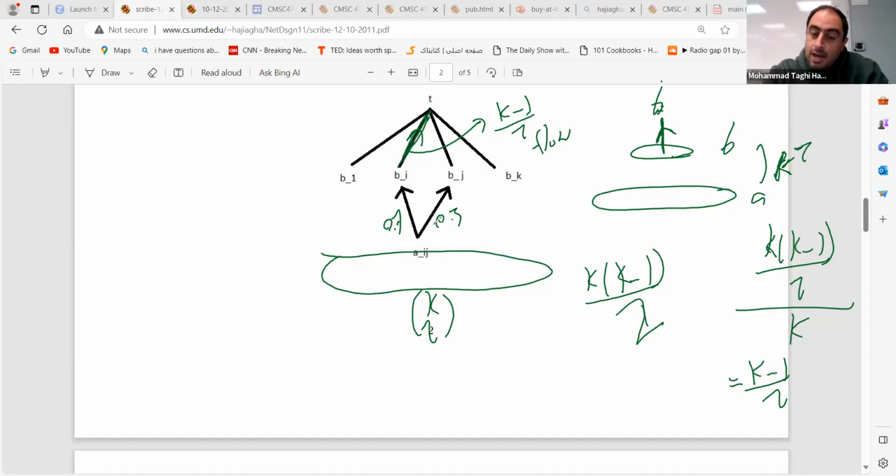For the demand 1, as I mentioned, you need to decide in your oblivious algorithm how you send it. Whatever you send, you will send a total of K over 2, K to the 2 here. It means that one of these Bijs has order K, or more precisely K minus 1 over 2 flow that goes from Bi to T. Good? Now, this flow is coming from who?